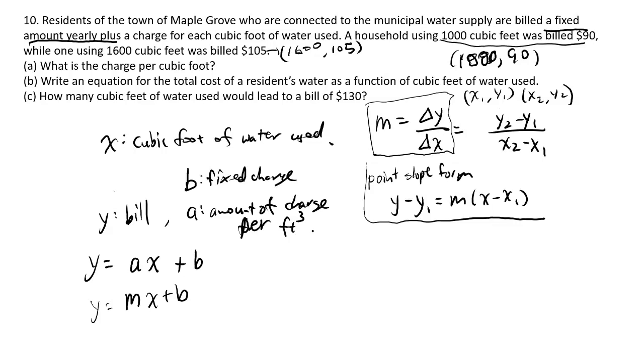First, slope. See, you went from 1,000, 90, and then the next data was 1,600, 105.